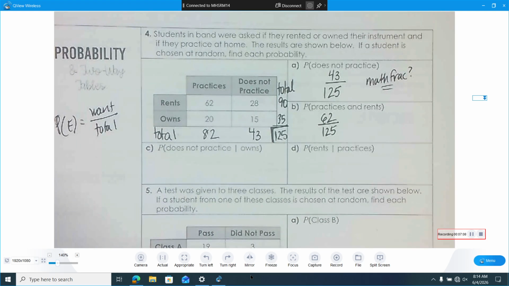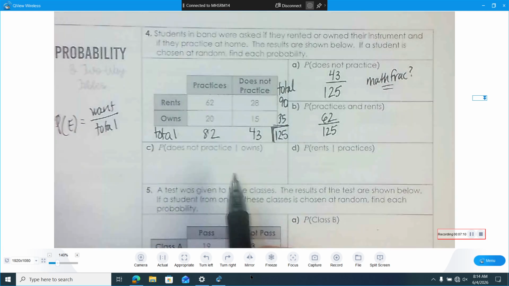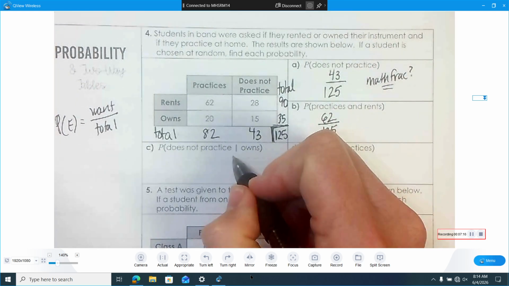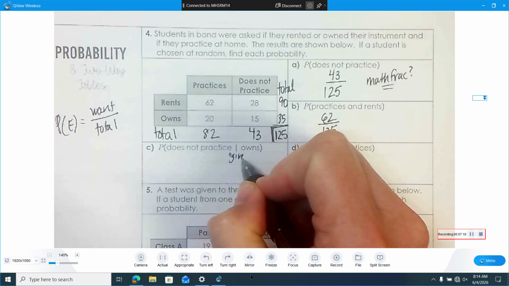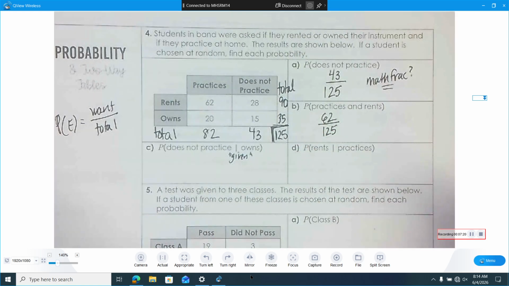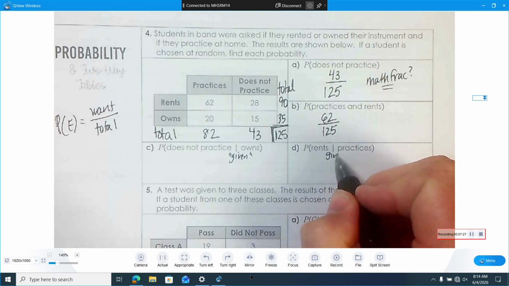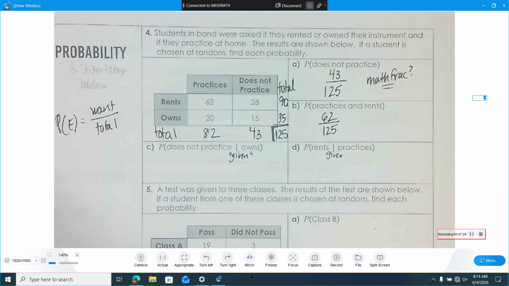That's fine. Okay, now, this is new. We skipped this lesson. This bar right here is the word given. And so over here on letter D, rents, given that they already practice.